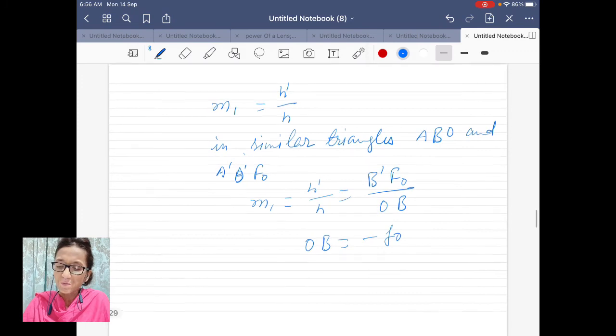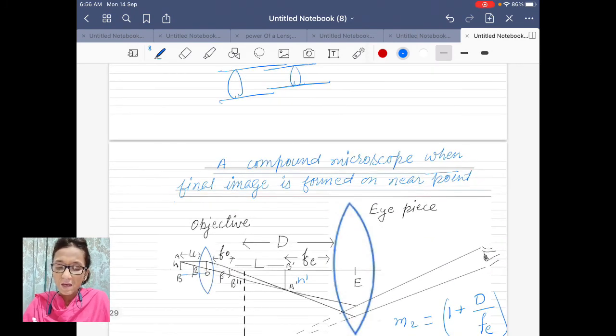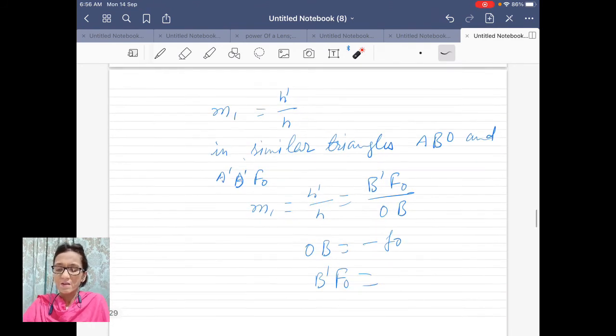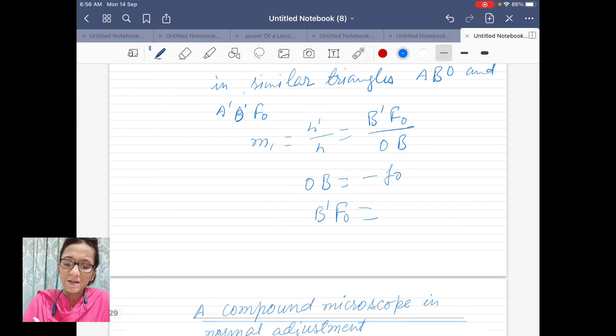And B dash FO, here it is taken as length L. In a compound microscope, the focal lengths are very small, nearly 1 centimeter or so. So this length is negligible. So the remaining length is called the length of the compound microscope, and this is taken as L.